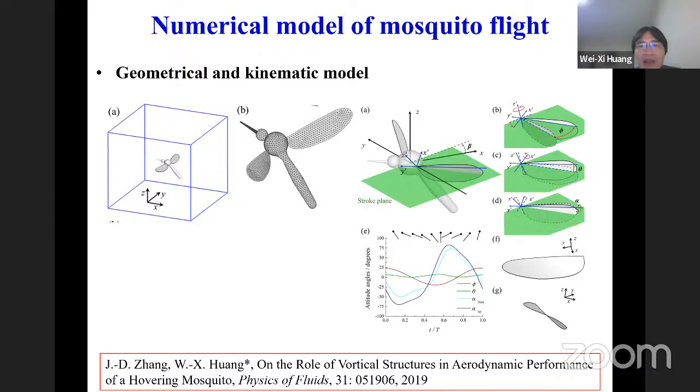We get the three Euler angles of the flapping by fitting the experimental data, and there is also a very small deformation of the wing, which is also observed in the experiment. Then we establish the computational model.